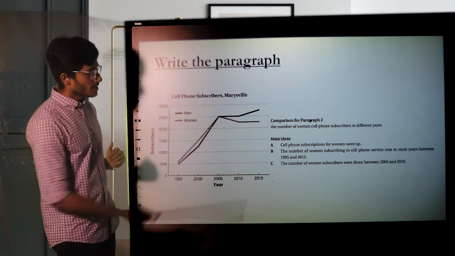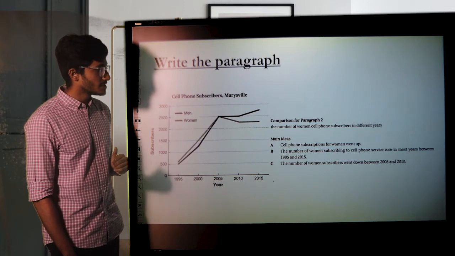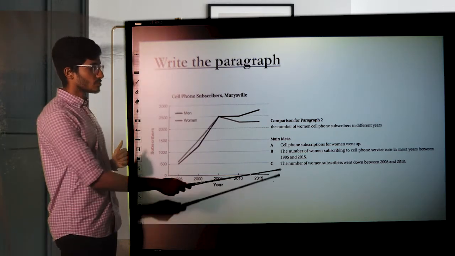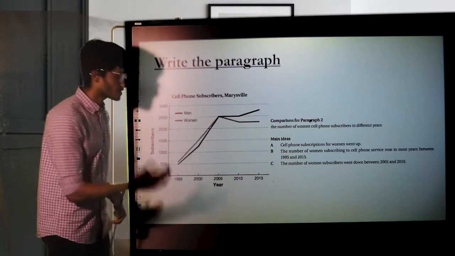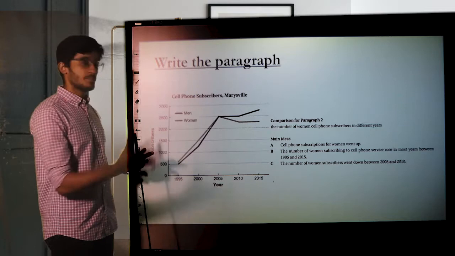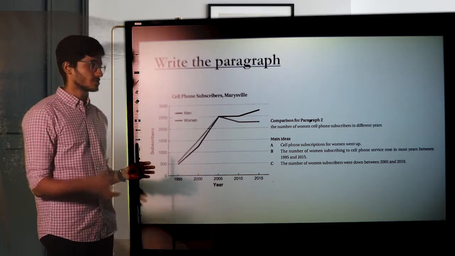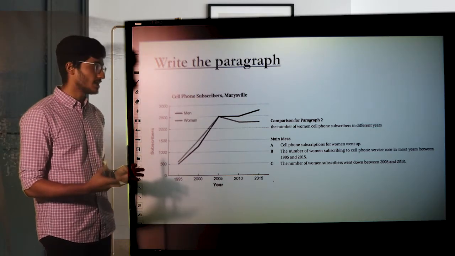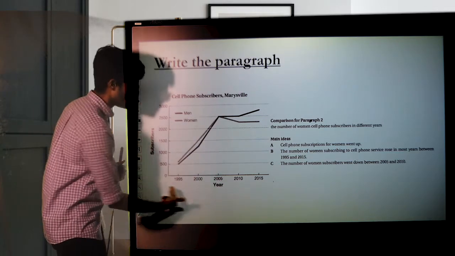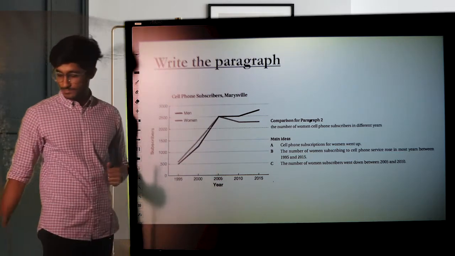And C, "the number of women subscribers went down between 2005 and 2010." C just talks about a short period, 2005 to 2010, but in the paragraph you're going to talk about the whole period. So C is not an appropriate main idea for the paragraph. That's why B is more effective, because it talks about the whole time period.